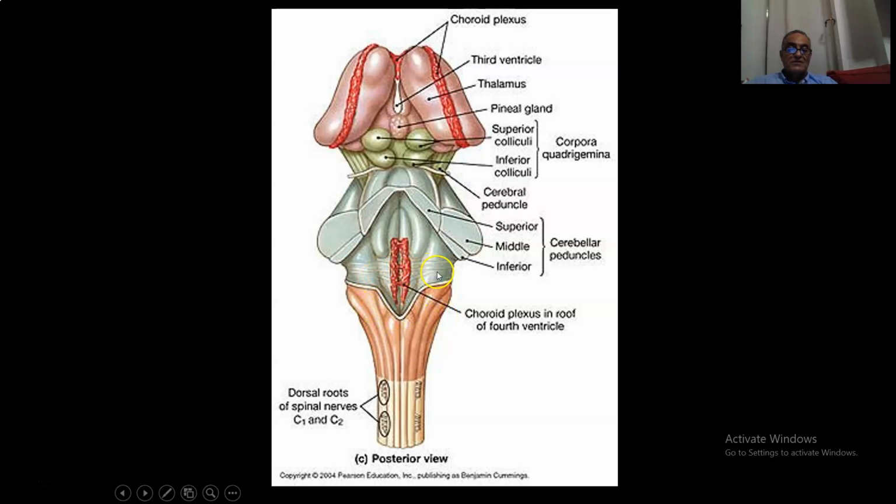These are what we call the external arcuate fibers, which also reach the cerebellum, taking information from the dorsal spinocerebellar tract and cuneocerebellar tract, giving the information about the deep sensation to the cerebellum.